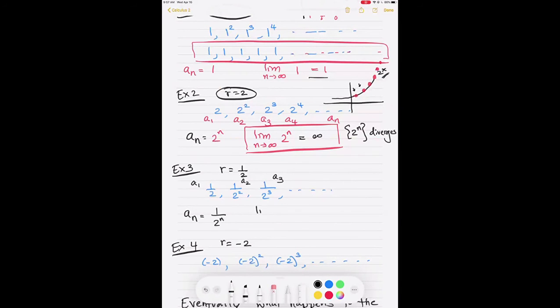So I want to know what happens eventually, which is 1 over 2 to the n. Can I write this as the limit as n approaches infinity of 2 to the negative n? And so what is this function then? What is the limit here? Very good, it approaches 0.